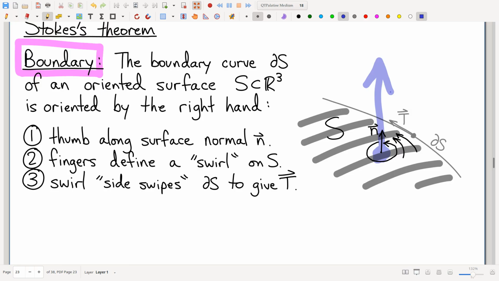That will create what I like to call a swirl. And now just ask yourself, okay, that swirl, right? Again, thumb in the direction of the surface normal, fingers defining a swirl. As that swirl kind of side swipes against the boundary, which way does it go? And you'll notice that in this case, it goes that way.